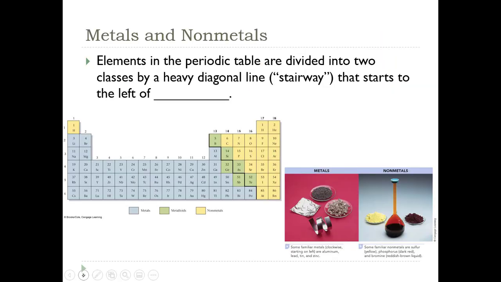Okay, so now it's time to separate the metals from the non-metals. On the periodic table, there's this bolded line which helps us separate the metal side from the non-metal side. Elements in the periodic table are divided into two classes by a heavy diagonal line or stairway that starts to the left of B, which stands for boron.